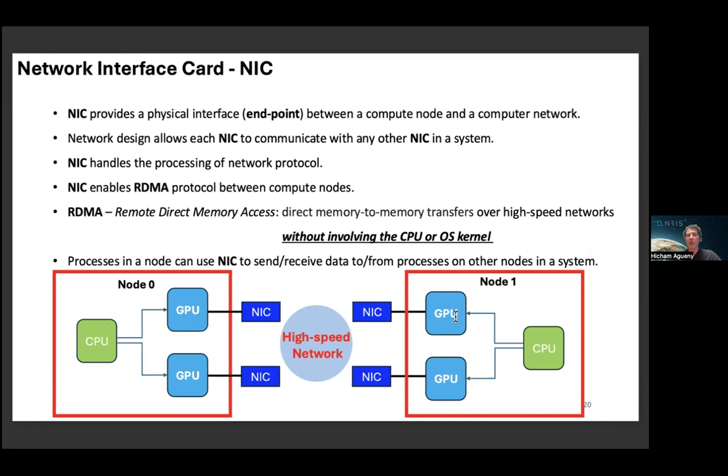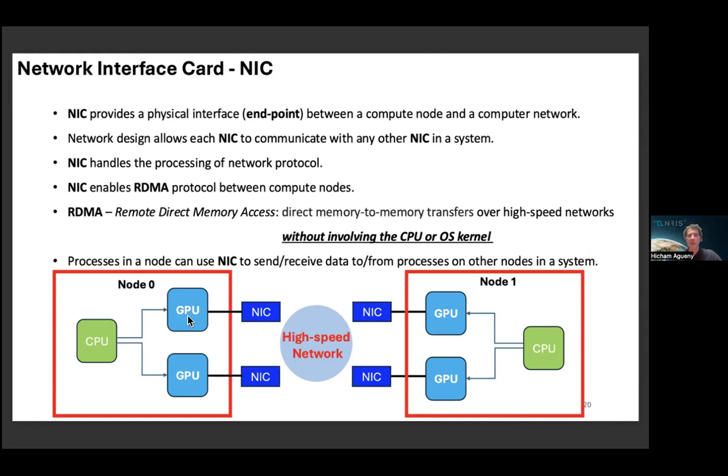RDMA is a mechanism that enables data to be transferred from one memory to another memory in a remote system. The most important thing about RDMA is that it works without involving the CPU or the operating system, and it also uses the high-speed network.